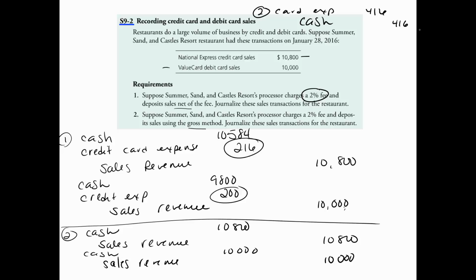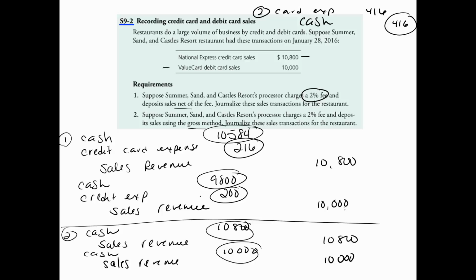Here your cash is the $10,800 plus the $10,000, $20,800, but then I'd credit cash $416, and so the bottom line would be the same. Either way, I'm getting charged a total of $416 in fees, and the total cash that I'm getting is $20,384. Either way I do it, at the end of the month I end up the same.